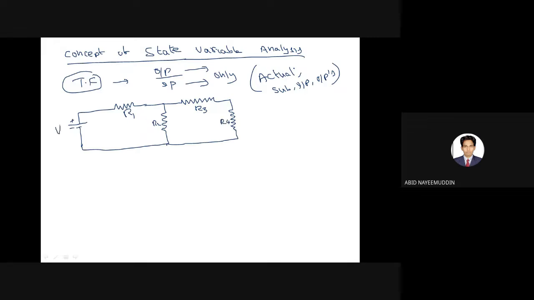Let Vin be the input voltage. Let V0 across R4 be the output voltage. Let the current flowing through this loop be I1 and the current flowing through this loop be I2.